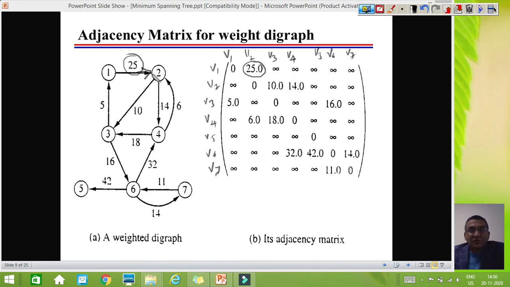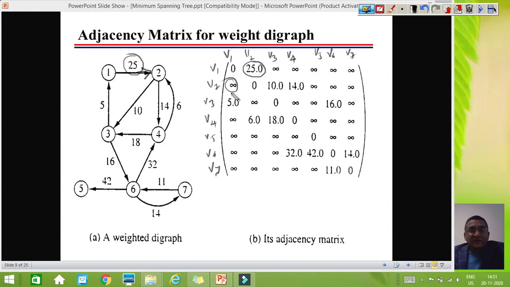Similarly, there is no path from 2 to 1. So if you look at this 2 to 1, there is no path. This is infinite. So here we are writing infinite if no path is given to us, and we are writing 0 for the diagonal position. So these are certain notations that we are using to represent our adjacency matrix for a weighted graph.